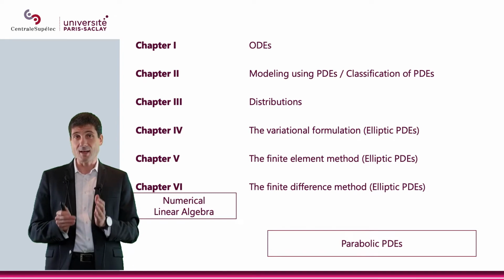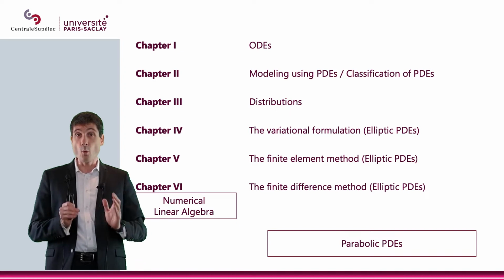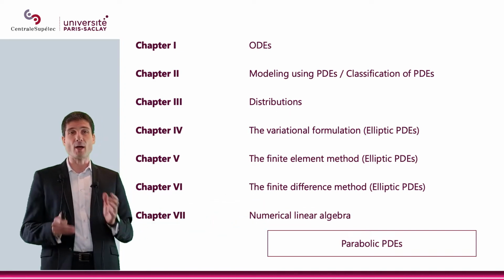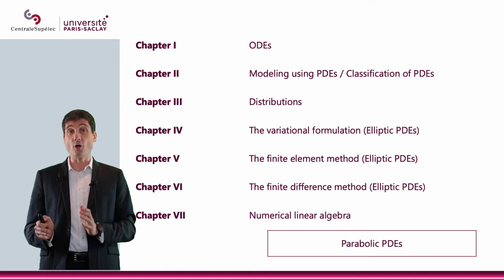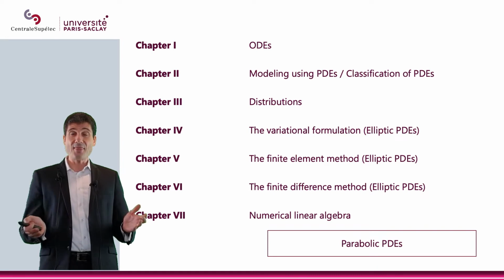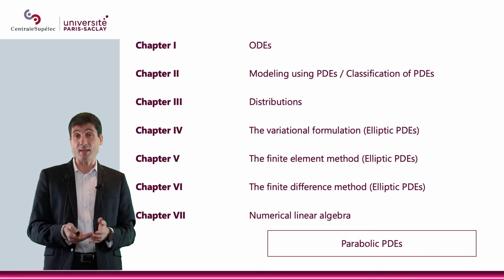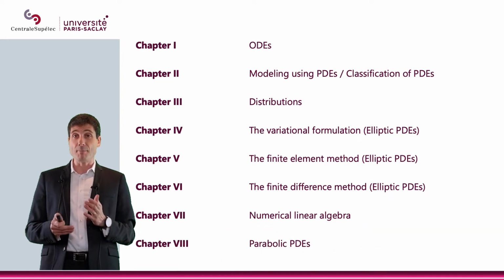And as you will be able to see, in both chapters 5 and 6, we will need to solve these large systems. And so we'll come up with strategies for doing so in chapter 7, numerical linear algebra. And at that point, we'll be ready to introduce the other class of PDEs we'll actually deal with in this class, and that will be parabolic PDEs.